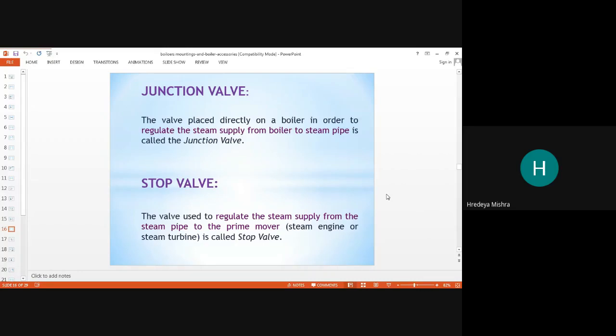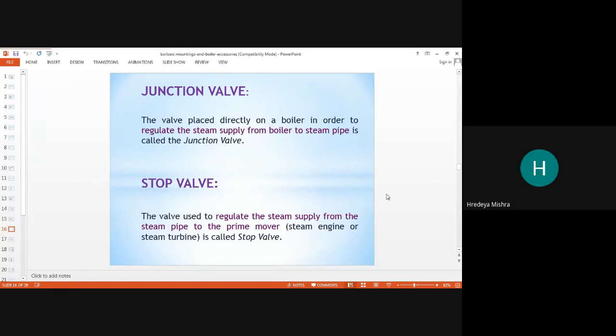Now, junction valve and stop valve. The valve placed directly on the boiler in order to regulate the steam supply from the boiler to the steam pipe is called the junction valve.